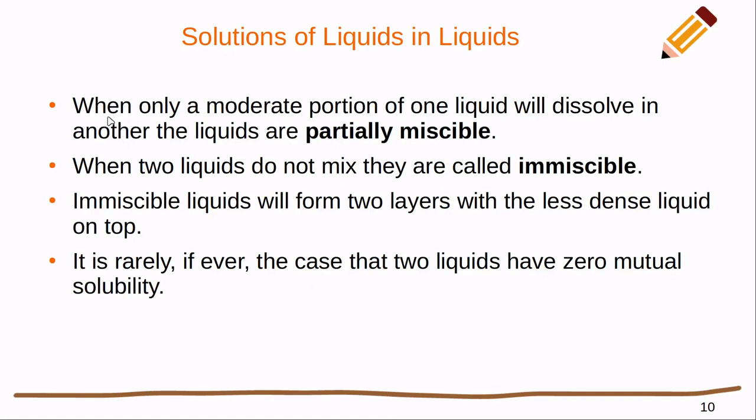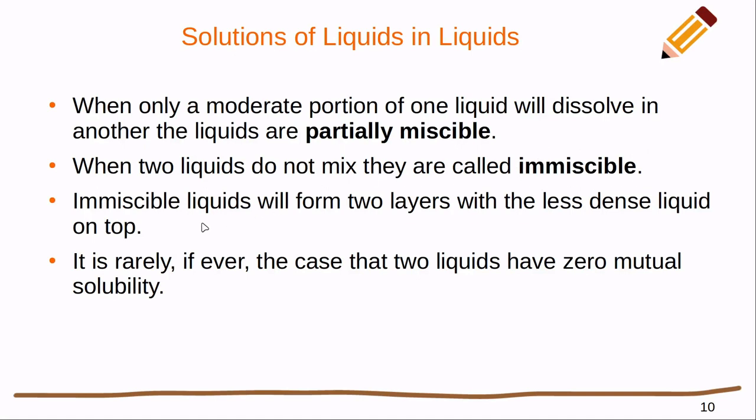So we've talked about when they're infinitely soluble, but when only a moderate portion of one liquid will dissolve in another liquid, they're called partially miscible. So you can have just a small portion that's able to dissolve, and when they completely will not mix, like in the case of having a polar solute in a nonpolar solvent or vice versa, they're called immiscible. All right, so they will not mix.